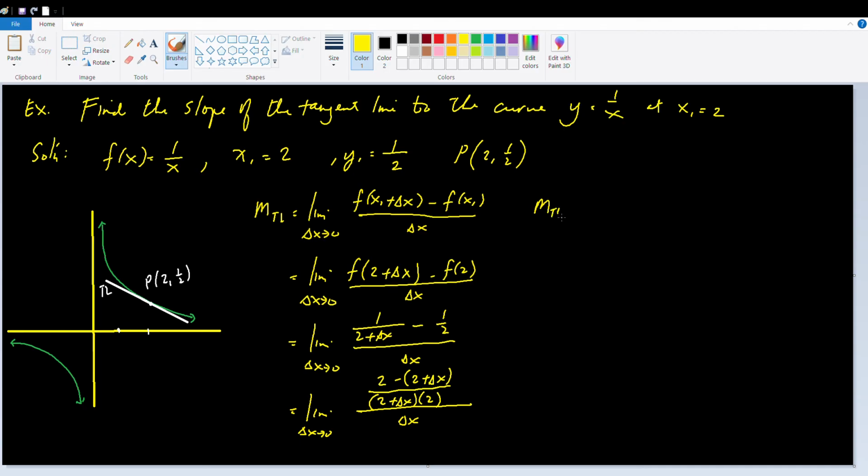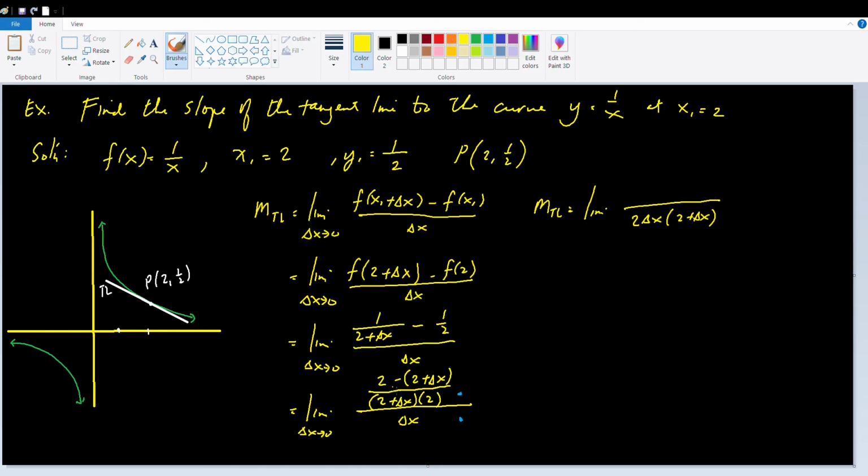So the slope of the tangent line is the limit of, now these two denominators will combine. Writing all of this in the denominator, we will be getting 2 delta x times 2 plus delta x, right?